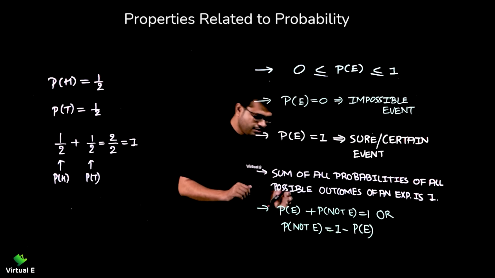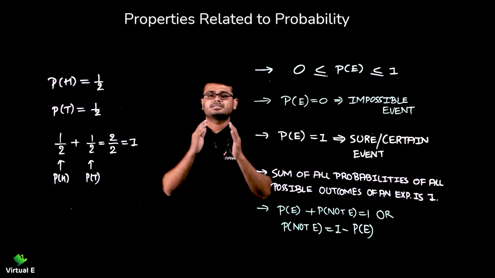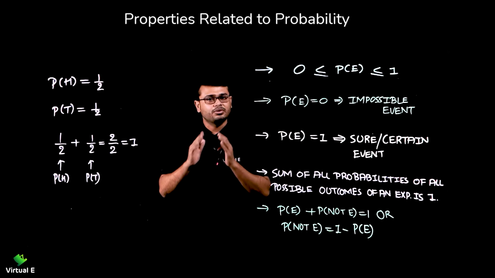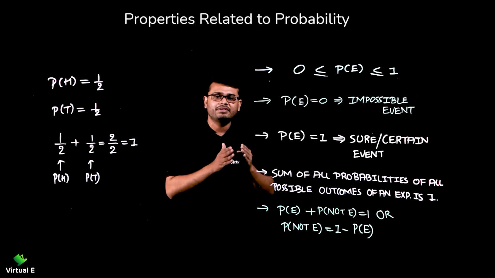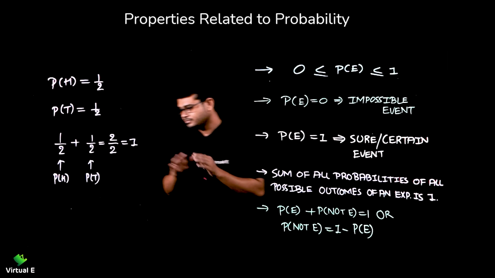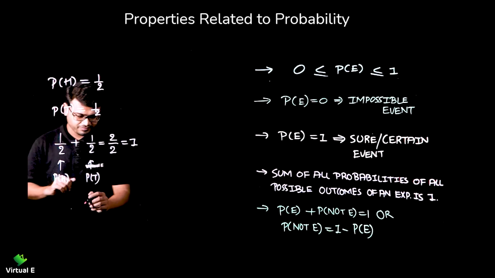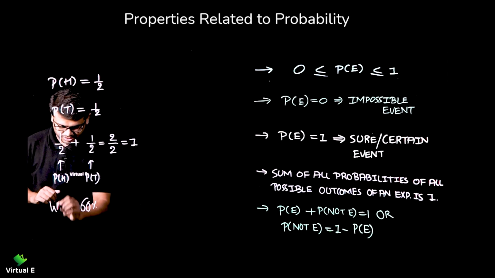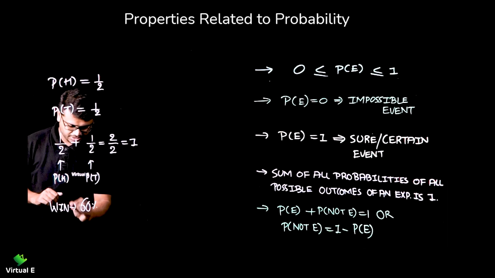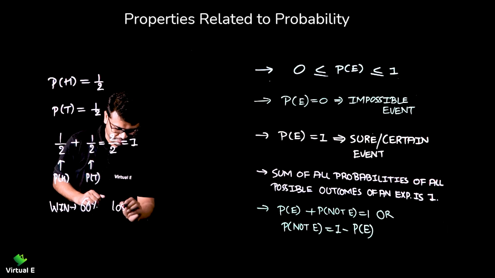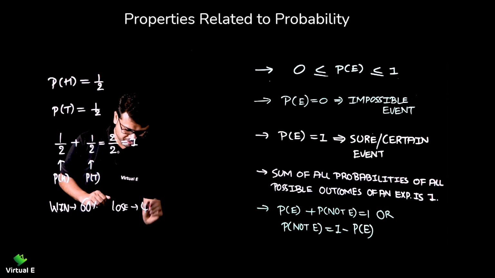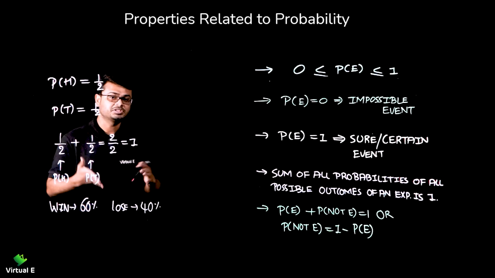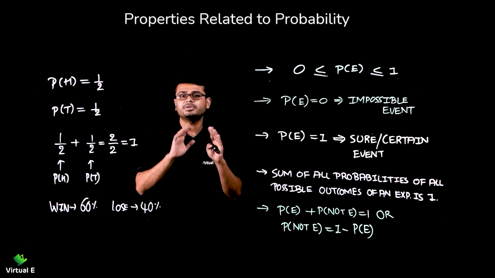Next, there are chances that a certain event is going to happen and that it is not going to happen. Let's say the chance of winning the match is 60%, right? Now, to lose, it will be 40%. How do I know? Subtract from 100. It is about percent.